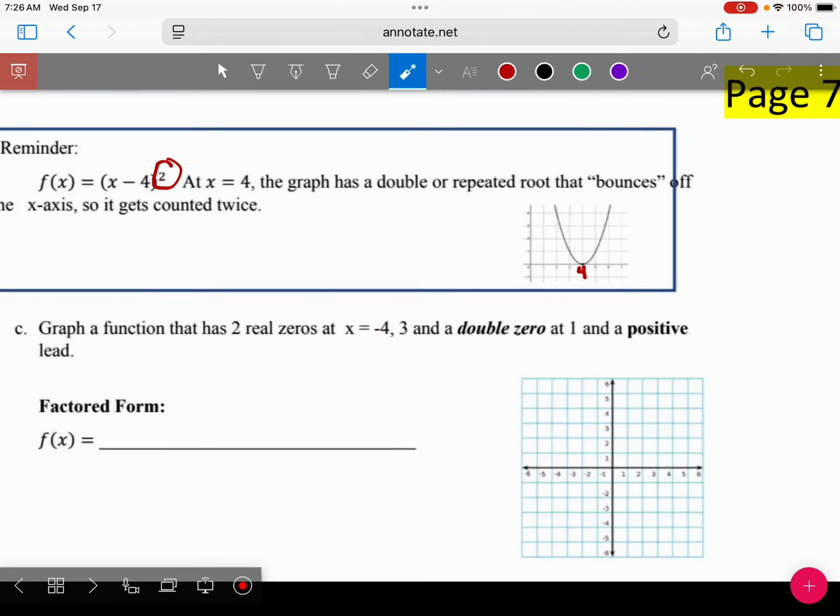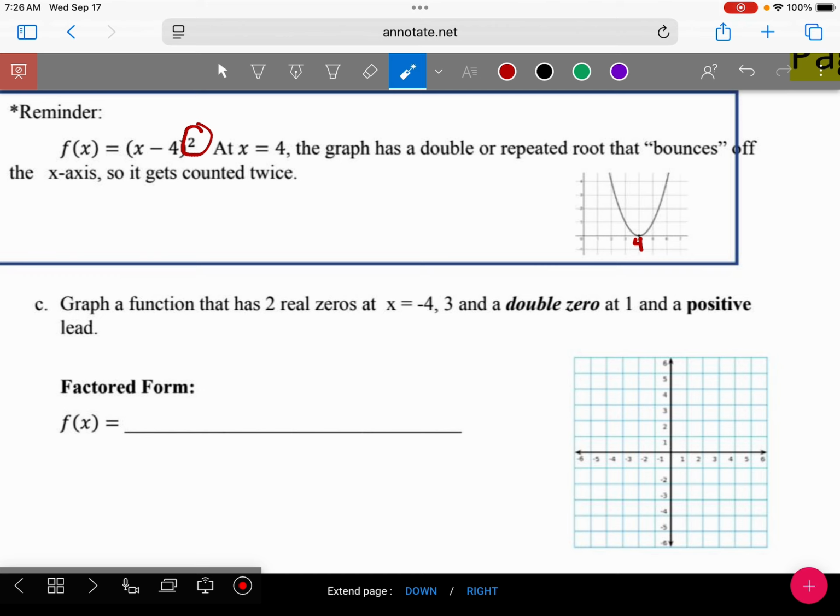So we have 2 real zeros. So that means I'm going to make 2 parentheses. It also says that it's a positive leading coefficient. So I'm going to put a +1 in the front. And the zeros are at, oh, sorry, it has 3 real zeros. It has 2 real zeros here and here.